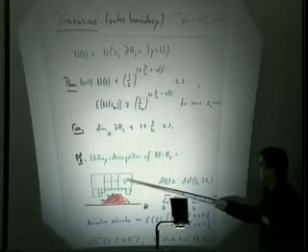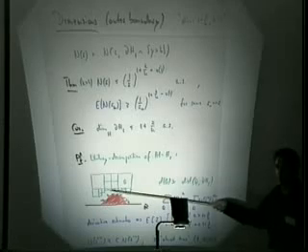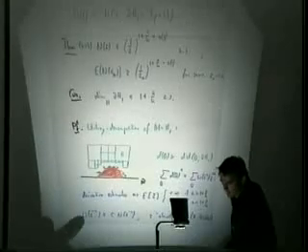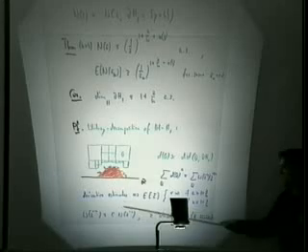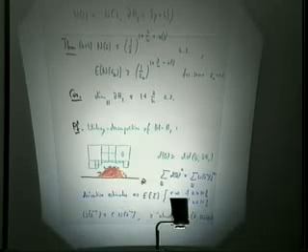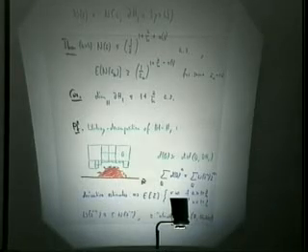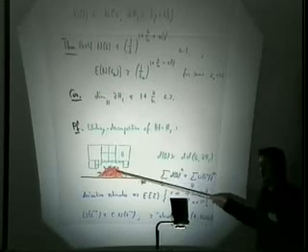Now, the number of squares of a given size is related to the number of disks of radius epsilon you need to cover the outer boundary, but it's not quite comparable. The number of Whitney squares needed is a lower bound for the number of disks you need to cover. But in general, the inverse inequality is not true. So one of the technical things here that is kind of lucky is that the SLE boundary is so nice.